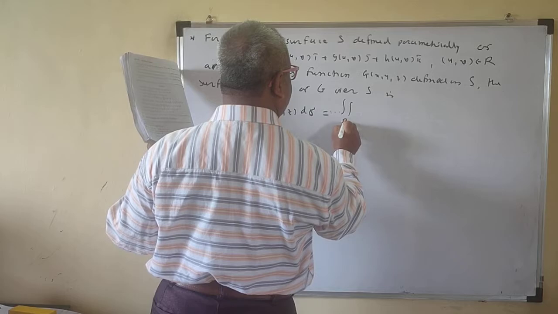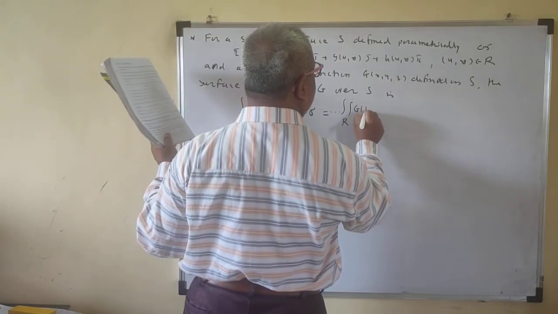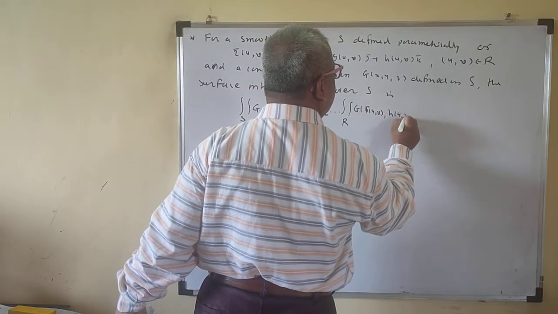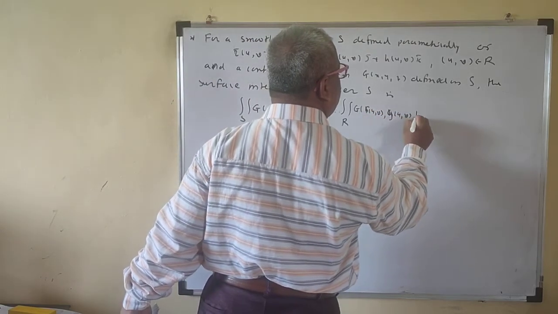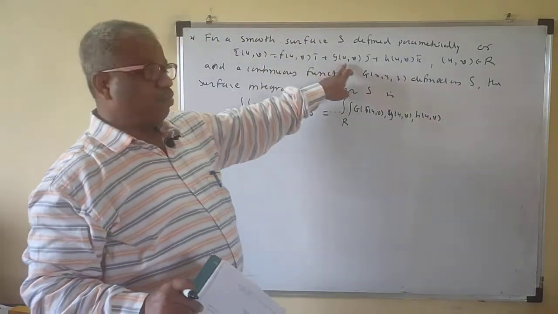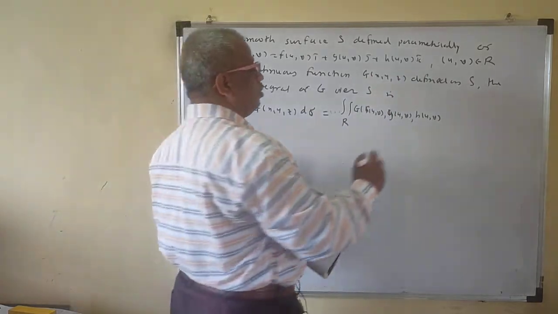is equal to the double integral over R of G of f of uv, g of uv, h of uv, because your x is f of uv, y is g of uv, and z is h of uv.